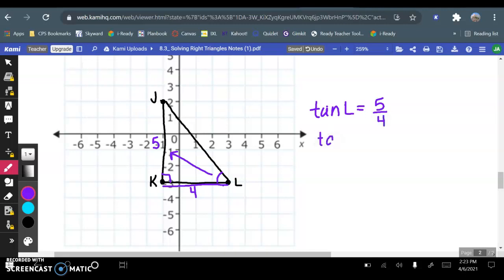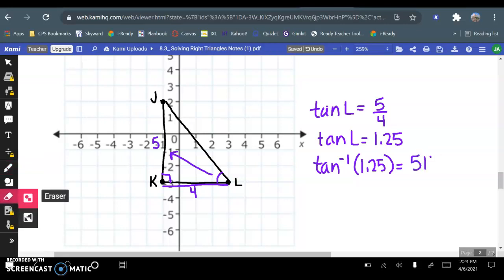And so the tangent of L, 5 divided by 4, is 1.25. Now to figure out what L is, I take the inverse tangent of 1.25. That's doing the opposite. So inverse tangent of 1.25 is 51.34, and they wanted this rounded to the nearest degree, so that would be 51 degrees.